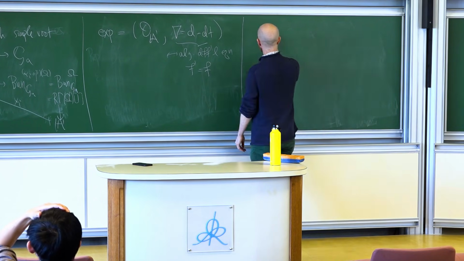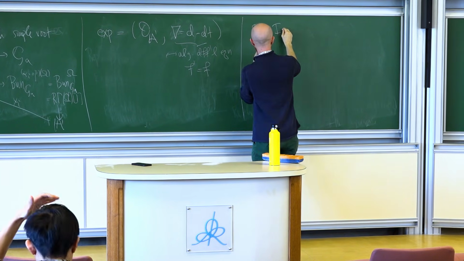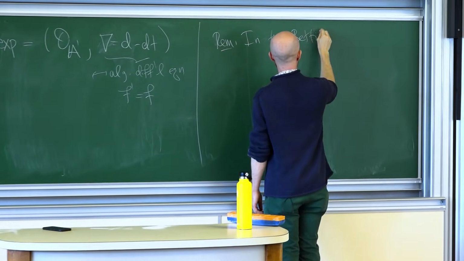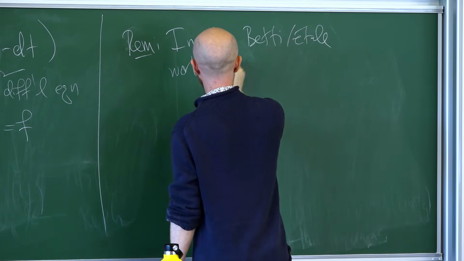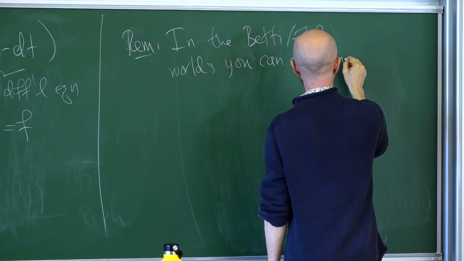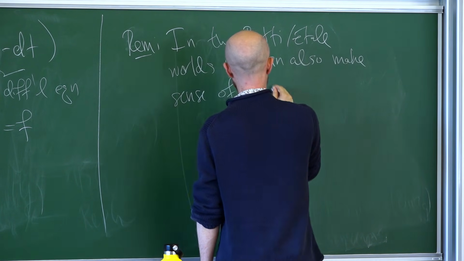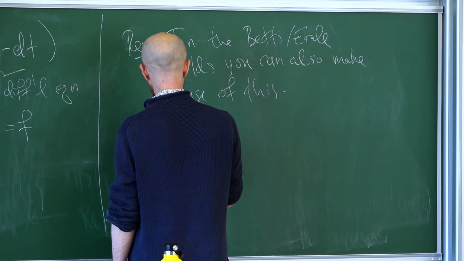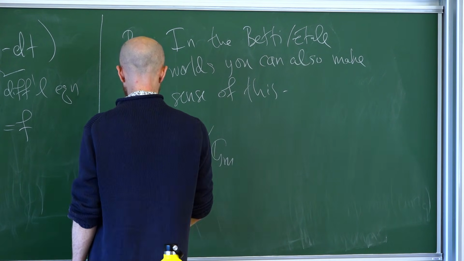Okay, and so let me just comment that in the Betti and et al. worlds, you can also make sense of this. Basically the way it'll work is that you'll take this Bun_N^ω, then I'll quotient by some kind of G_m, which is acting essentially through ρ check.